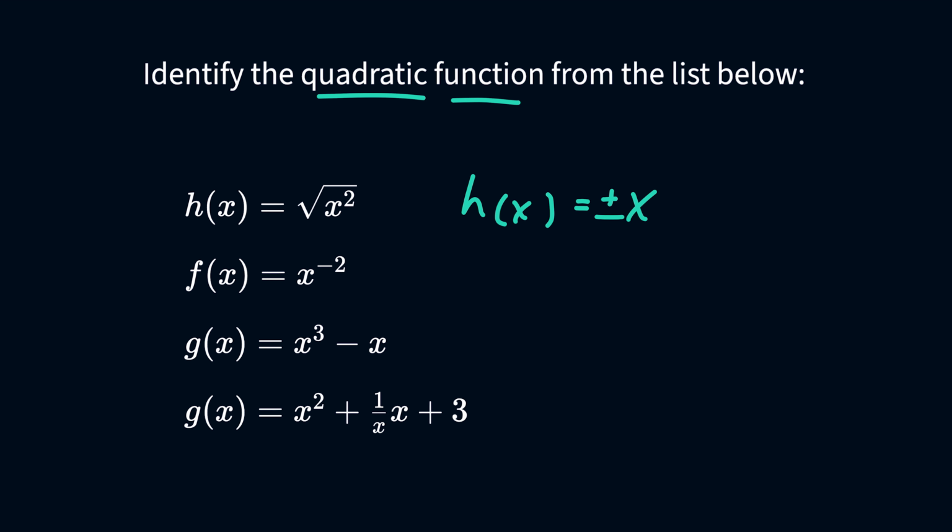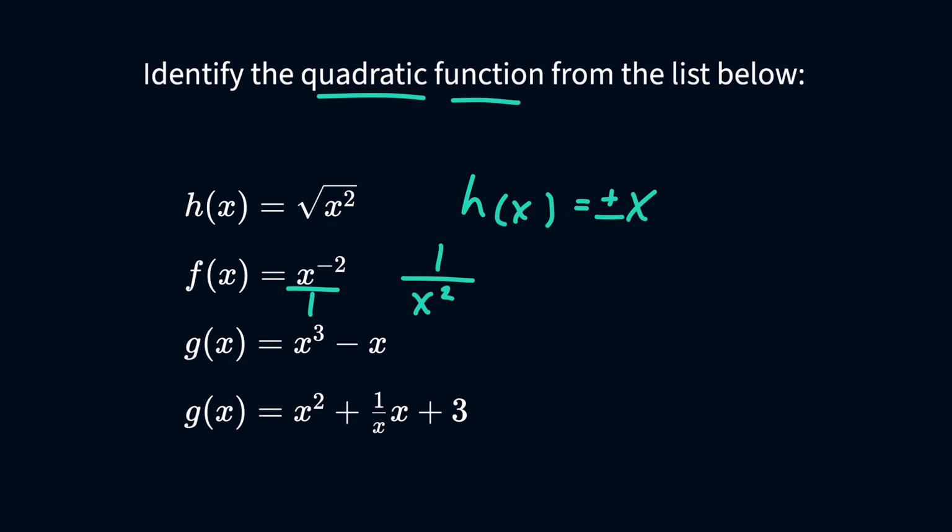So the next answer choice is going to involve x to the minus 2. Now, all quadratics do not have a negative exponent. Right? You cannot have a negative exponent in a quadratic. There is no simplification I can do here. Really, there's no manipulation unless I were to assume that this is over 1. And if I flip that, it becomes 1 over x to the positive 2.